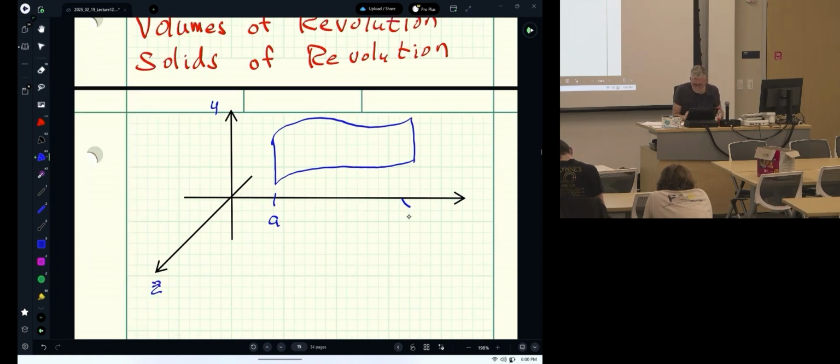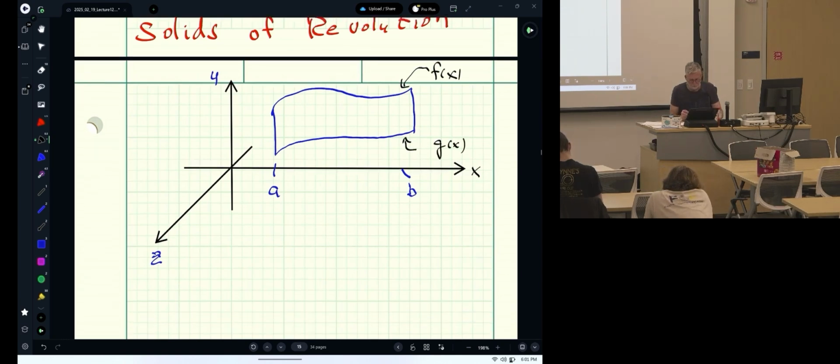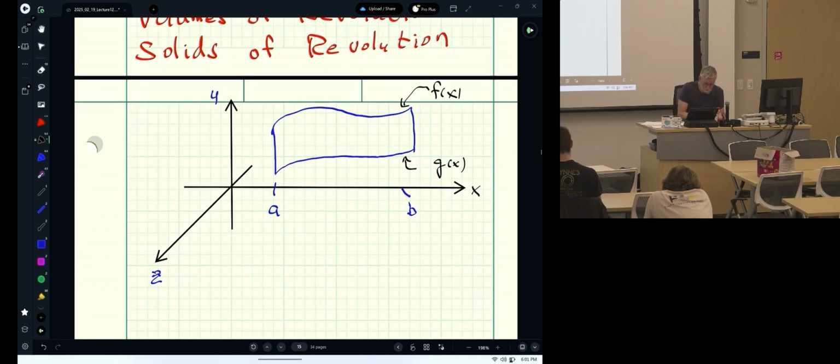This is f of x, and this is g of x. The assumptions are that 0 is less than or equal to g of x, less than or equal to f of x. So f and g are bounding some body in the plane.